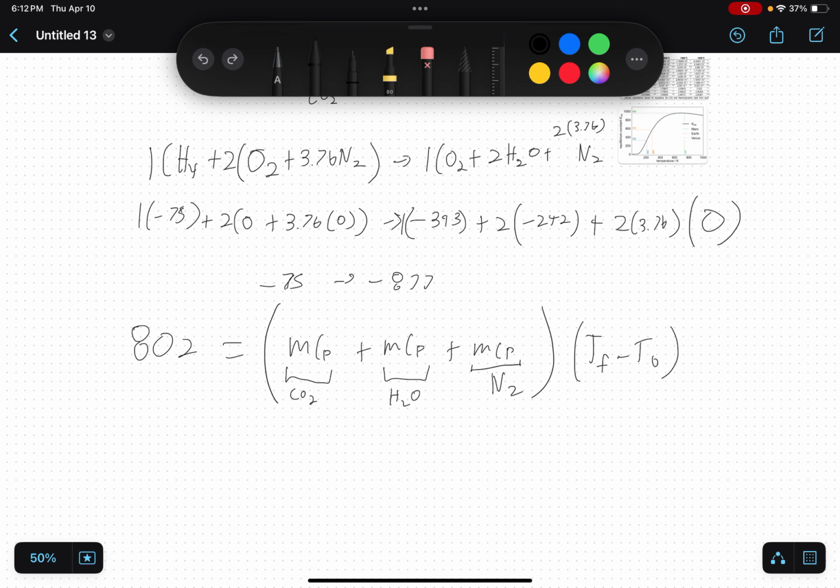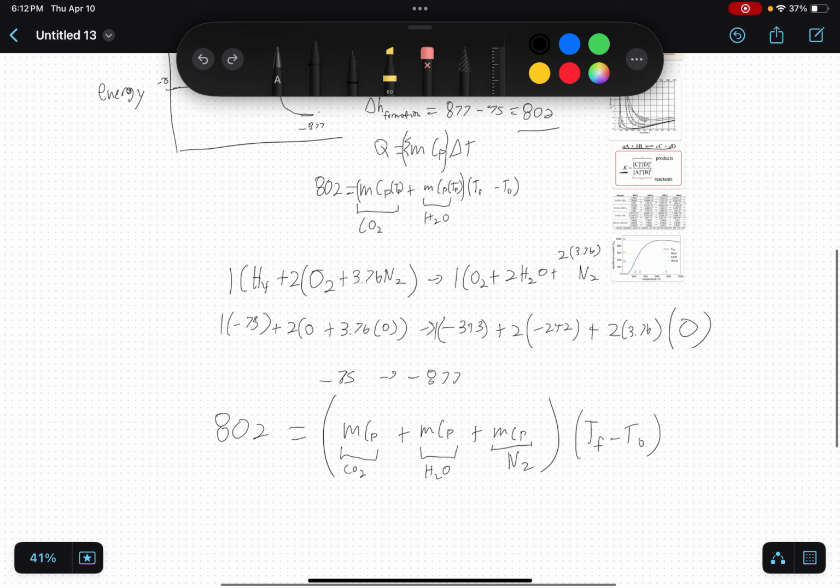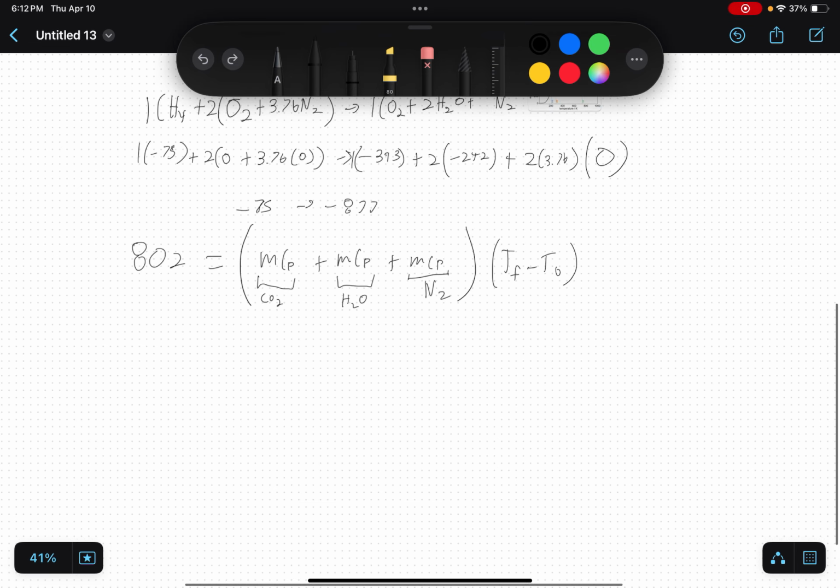Well, all we're doing is adding more thermal mass. So that's more stuff that it has to heat up. So logically, that should mean the temperature goes down, and that also makes sense mathematically because you add another term here. So this whole term goes up, which means this whole term has to go down. And the only way it can go down is if TF goes down.